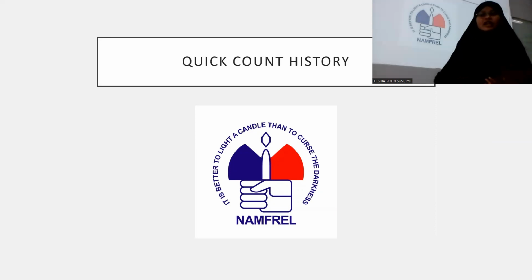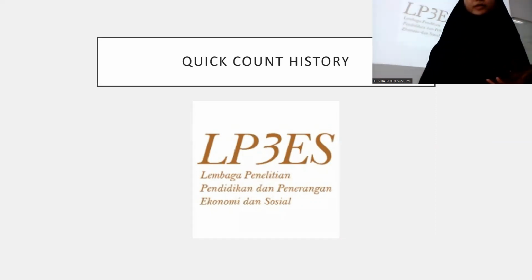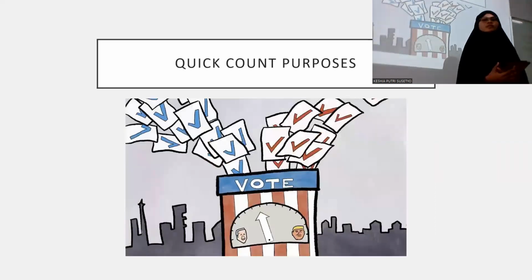And in Indonesia itself, quick count was used in the 2004 presidential election by LP3ES Institute, which stands for Economic and Social Information and Education Research. So from the historical context, we know that quick count's purpose is to ensure transparency during the election process.